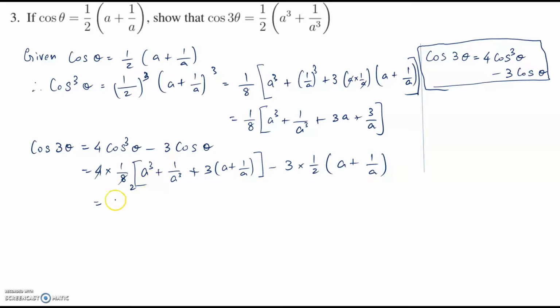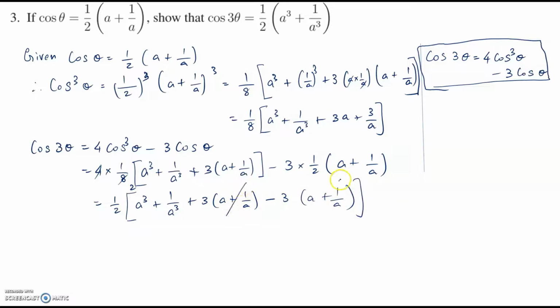So we can take half out as a common, and then inside the bracket we will be left with a cube plus 1 by a cube plus 3 into a plus 1 by a minus, since we've taken the half outside, it's within one bracket, 3 times a plus 1 by a.